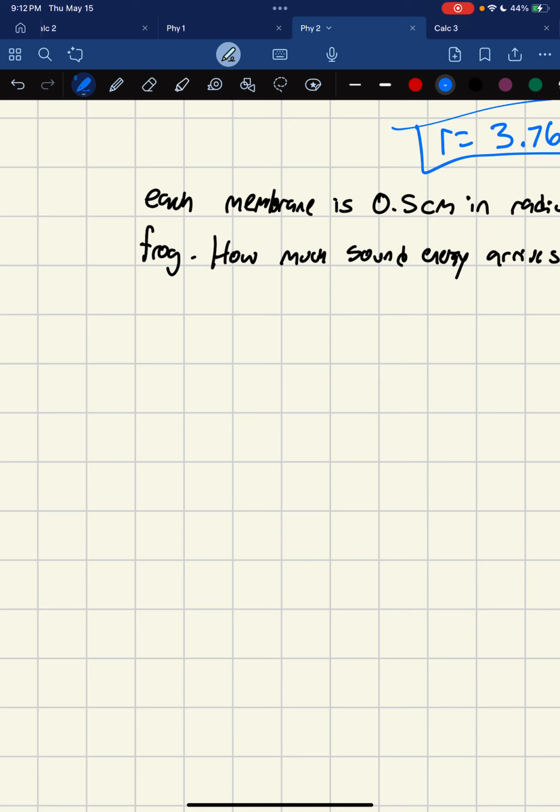So what I'm given is radius 0.5 centimeters. Power is equal to 2.50 times 10 to the power of -6 watts.